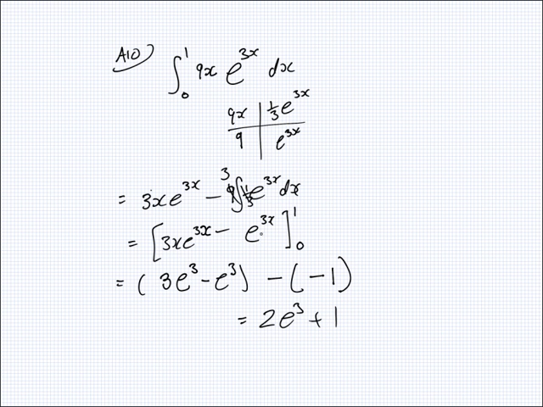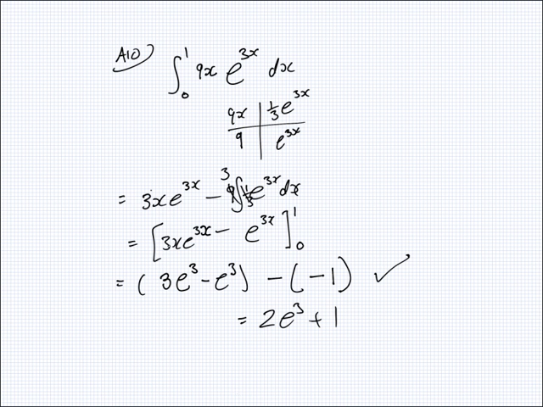Yes, minus e0. I'm confused about the minus one. Should it be plus one? It's 0. No, it's minus 1. Zero minus zero. It's 1 and 1 minus 1.